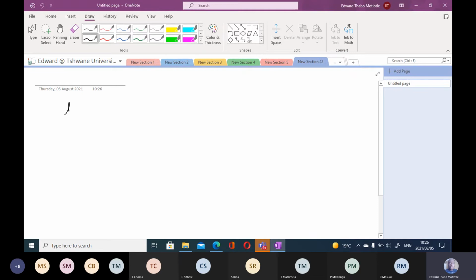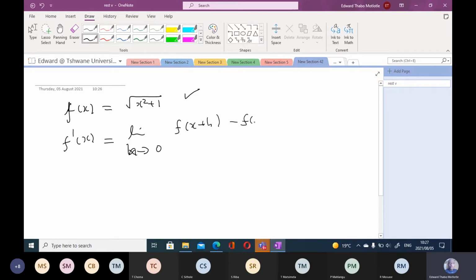In high school, this one, f(x) maybe equals the square root of, let's say, x squared plus 1. And I ask you to determine the derivative using the first principle. So in this case, f prime of x equals the limit as h approaches 0 of f(x plus h) minus f(x) all over h.